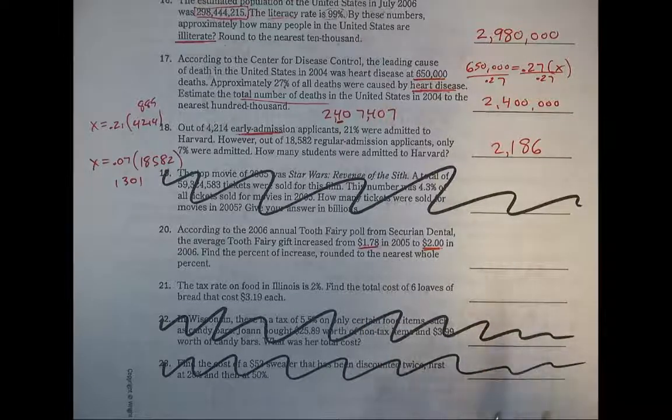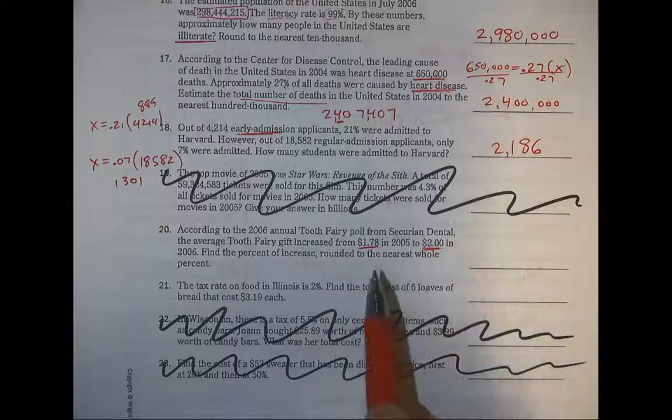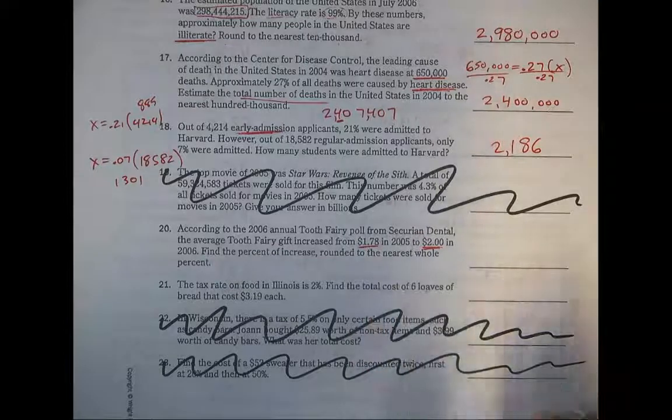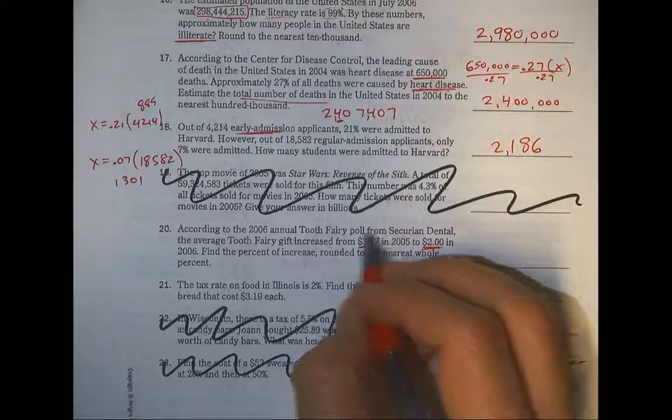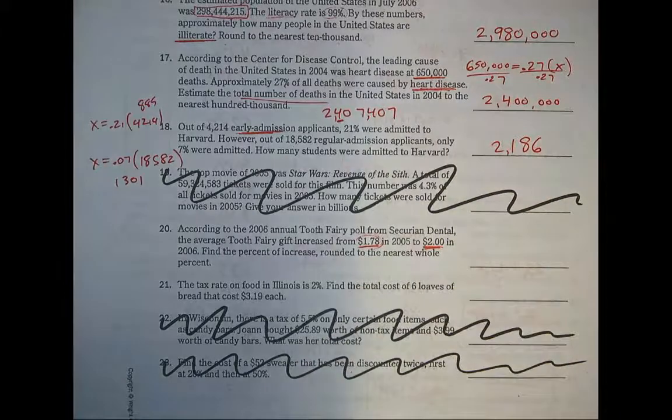If I had $100 and I gain $2, that's 2%, 2 out of 100. But if I have $1 million and I go up $2, that's not a huge increase percentage-wise, right? So a percentage tells you, based on what you started with, how big of an increase it was. So we're comparing everything to the $1.78.